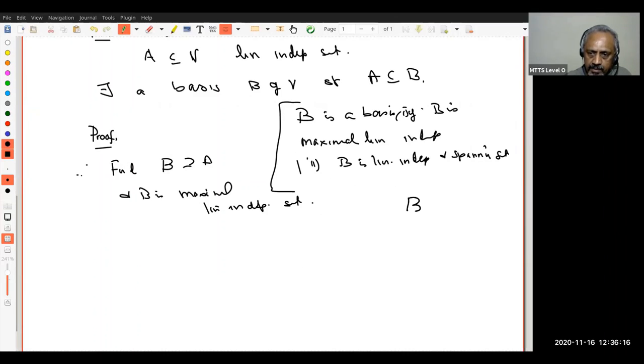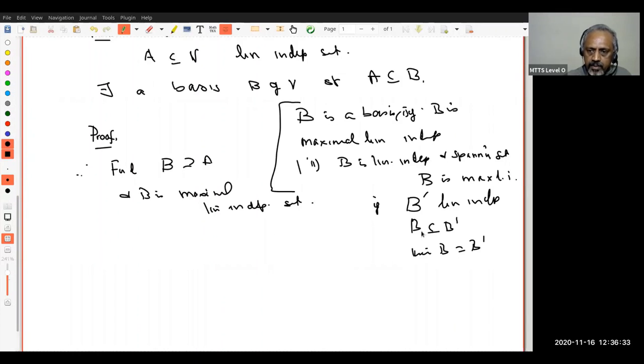If you tell me B dash is linearly independent and B is contained in B dash, then B equals B dash. B is maximal linearly independent if B dash is any linearly independent set so that B is contained in B dash, then B dash must necessarily be equal to B.